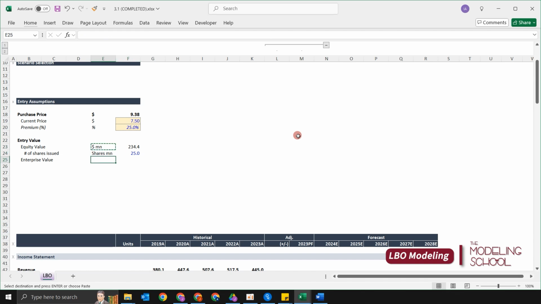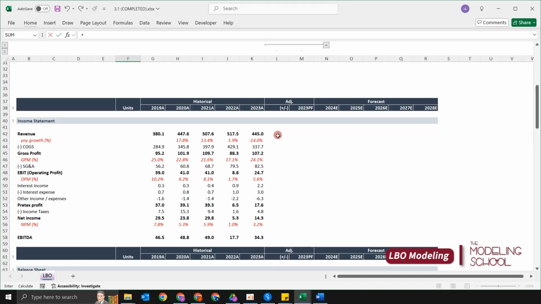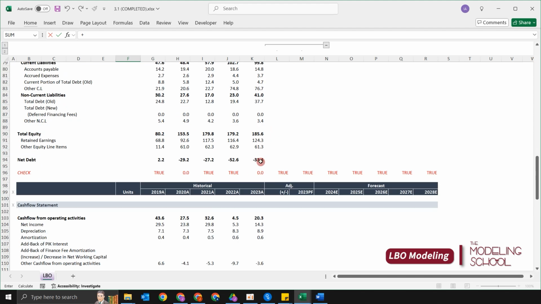If we want to convert that to enterprise value, we need net debt. So we need the net debt balance as of 2023. And if you go to the balance sheet, we've already calculated net debt.